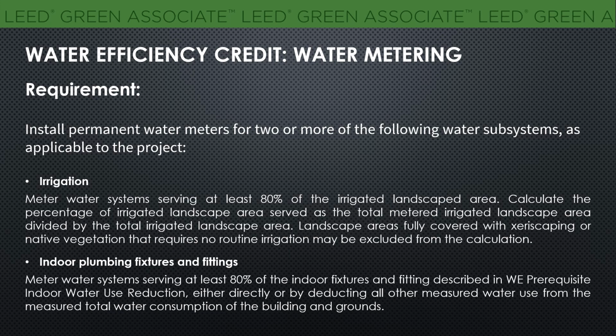Landscape areas fully covered with xeriscaping or native vegetation that requires no or routine irrigation may be excluded from this calculation. But for the indoor plumbing fixtures, the percentage you need to take is same, 80%, and the fittings should be described in the water efficiency prerequisite for indoor water use reduction, either directly or by deducting all other measured water use from the measured total water consumption of the building and grounds.